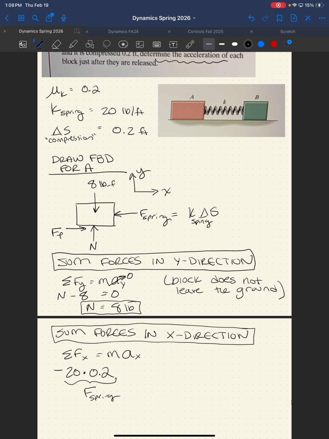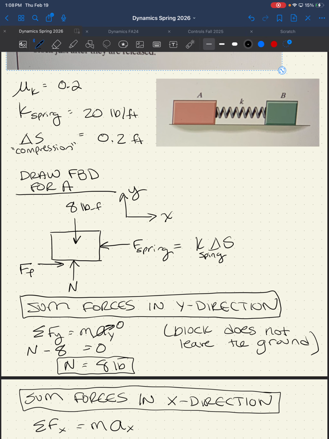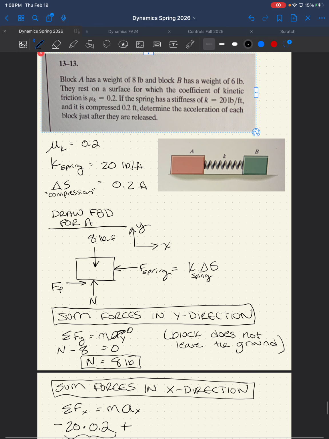Yes, question? So even though it says weight in the problem statement, we assume that what we're given is the pound force, and then we have to go and convert it into mass when we get to this point? Yep. So will the book ever give us a pound force?